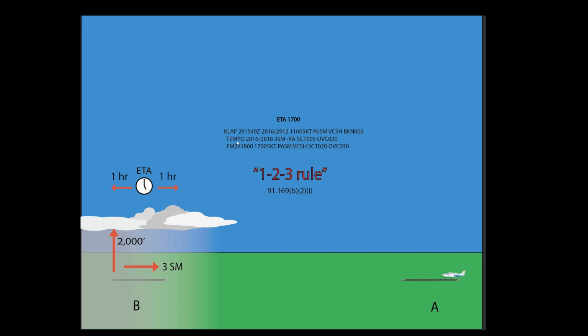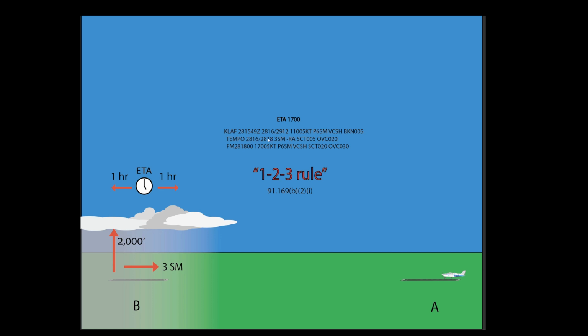However, this is a tempo group, meaning temporarily from 16 Zulu on the 28th to 18 Zulu on the 28th, during that 2-hour chunk, for some of that time, these will be the conditions. For the portion of that 2-hour window that these are not the conditions for, then it's going to be whatever it was in the previous part of the forecast for the rest of that time period.